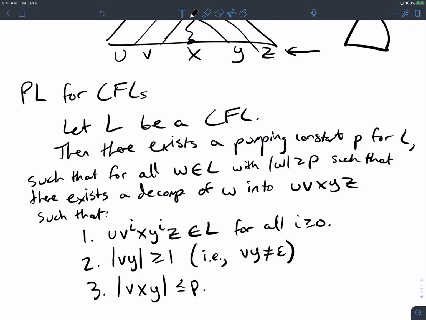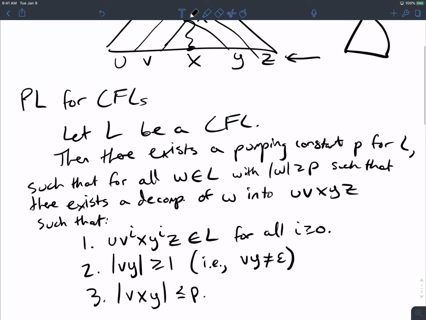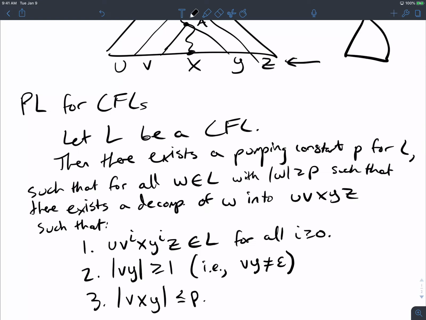What about here? What's the beginning of the string here? What's the very first one of the 5 pieces? U. Is that the three middle pieces that have length at most p?